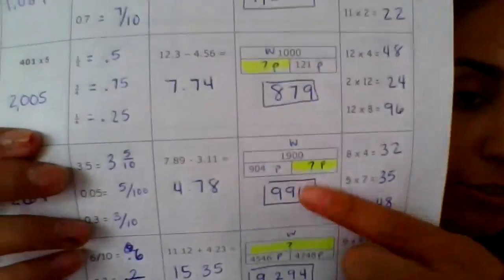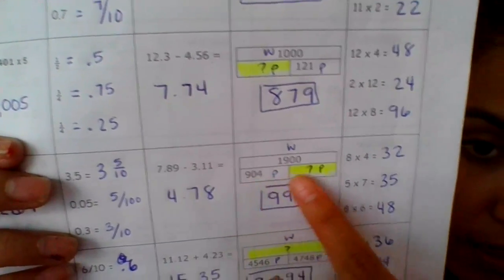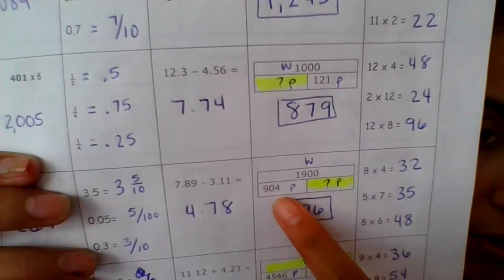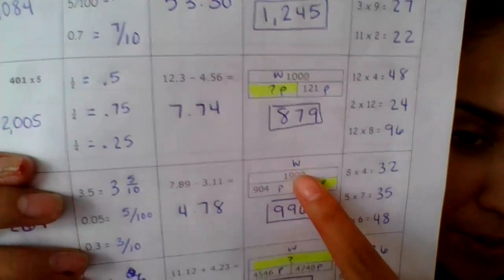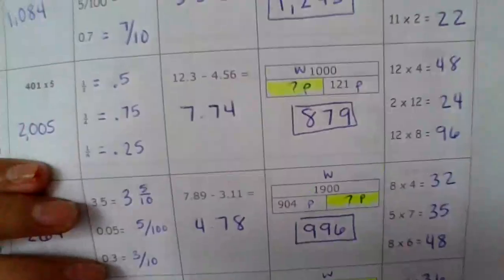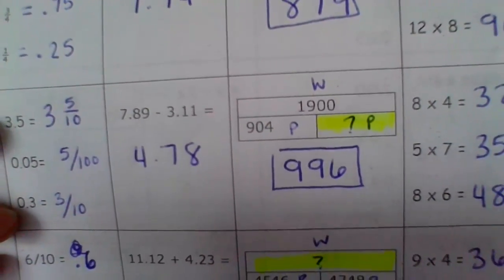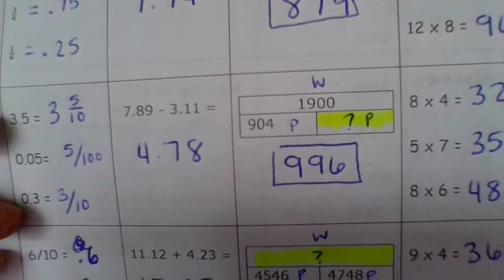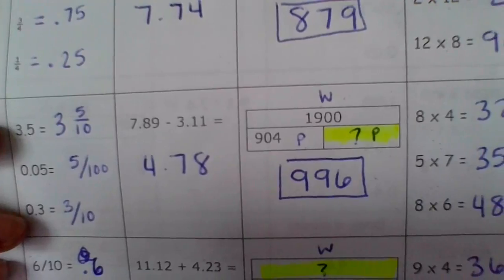For this strip diagram, we have our whole, we're missing our part, and we have another part. We know if we add these two parts together, we'll get our whole, but we're missing a part. So how are we going to solve for that? That's right, we're going to subtract 1,900 minus 904 to find our missing part.